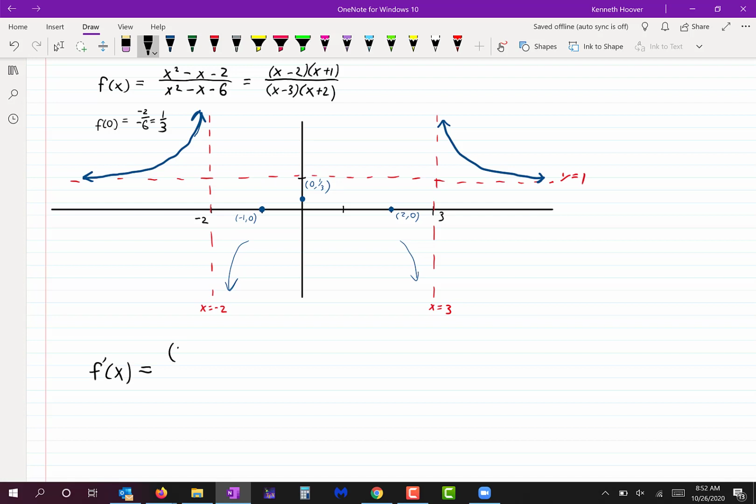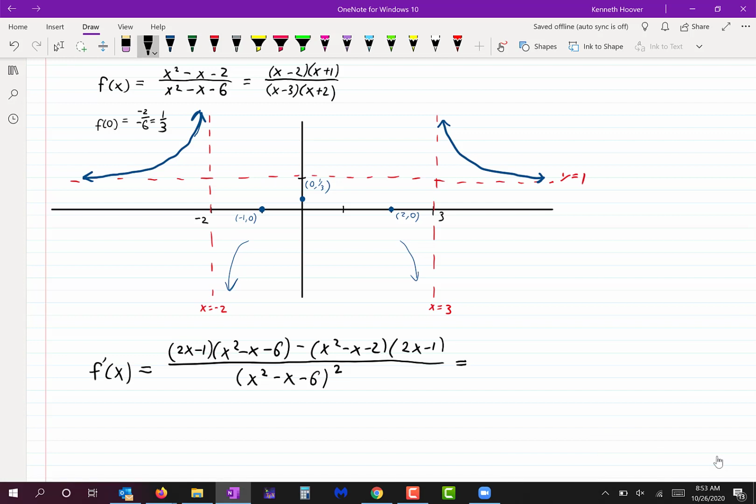It's going to be the derivative of the top times the bottom, minus the top times the derivative of the bottom, over the bottom squared. And then that's just an algebra problem to simplify.